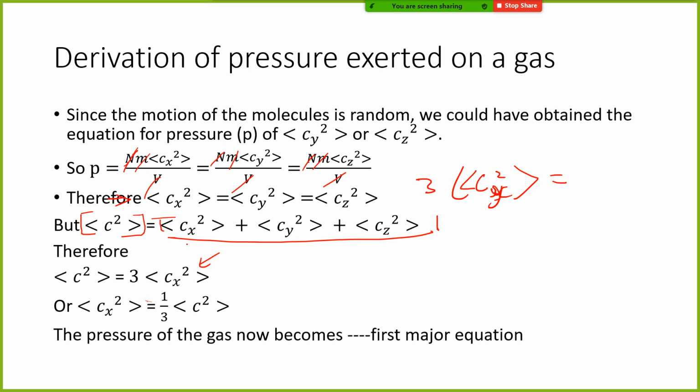I believe it will be divided by 3. Let me see here. Give me a second. Yeah, I think it should be dividing by 3. So our mean square speed is the sum of all of these, divided by 3.